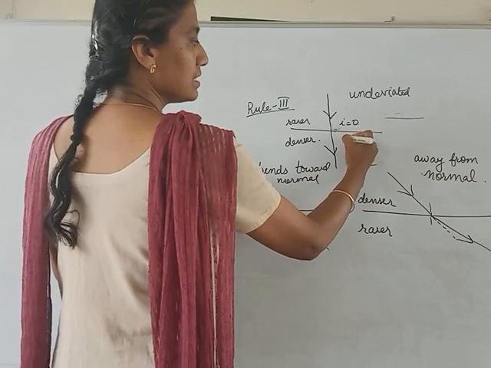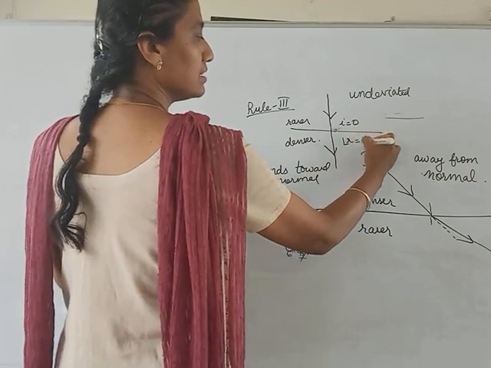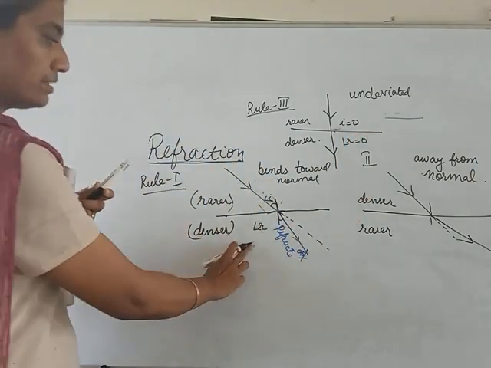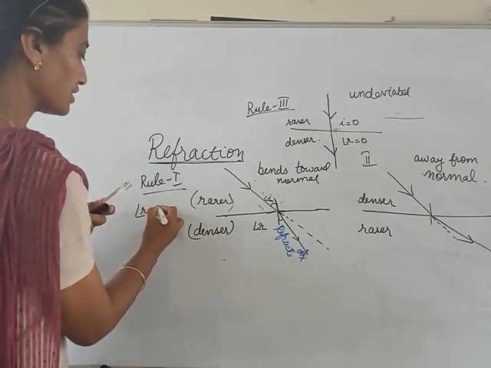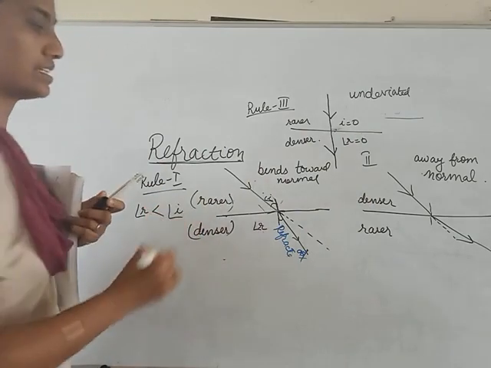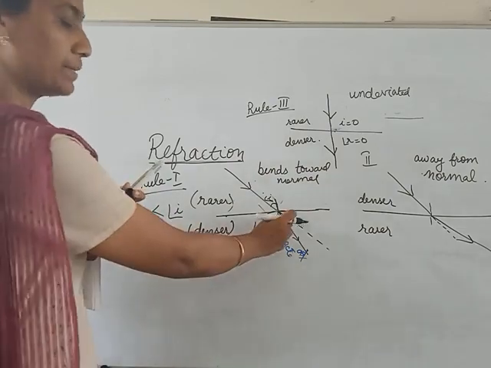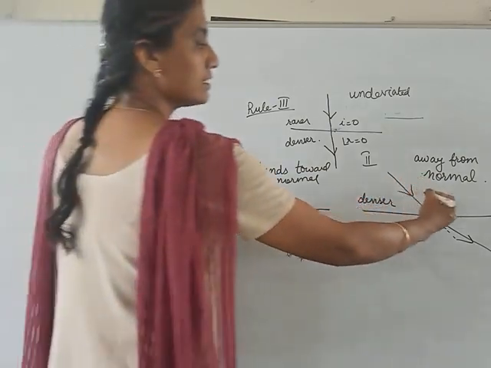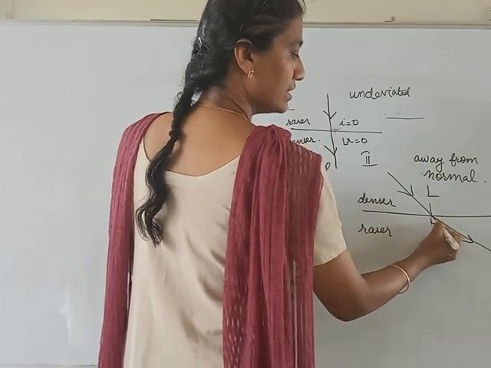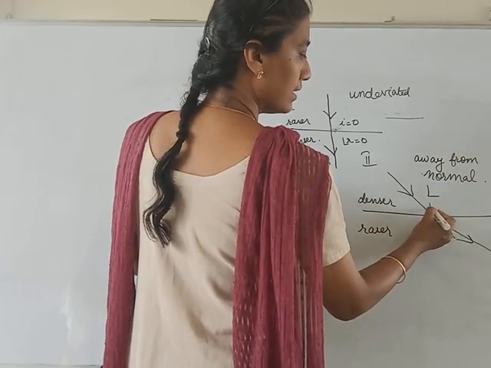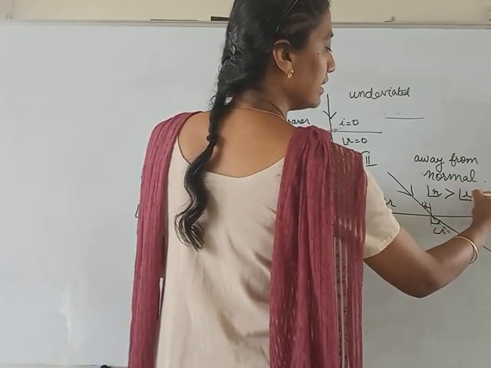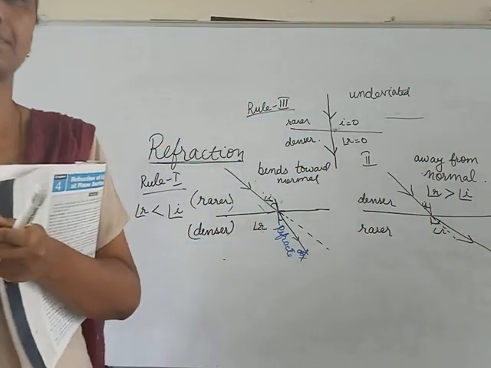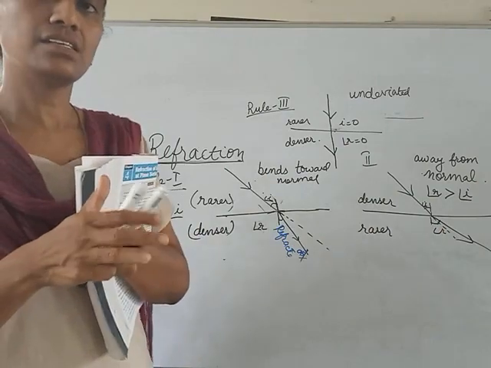So angle of incidence is 0. Angle of refraction will also be 0. Now in case 1, angle of refraction will be less than angle of incidence, because it is bending towards the normal. In this case, this is angle R and this is angle I, so angle of refraction will be greater than angle of incidence. Is it clear, children?